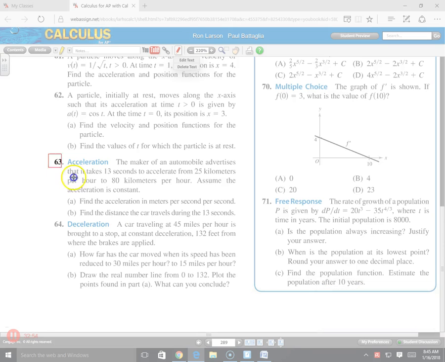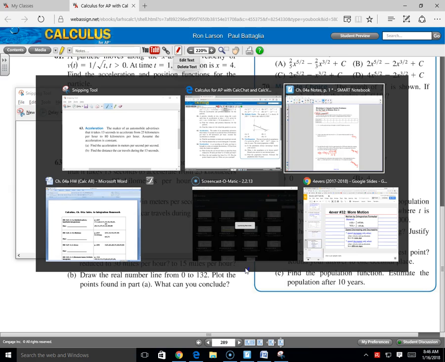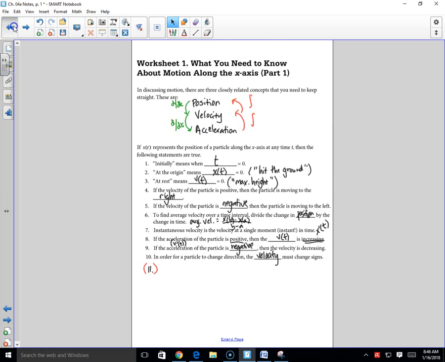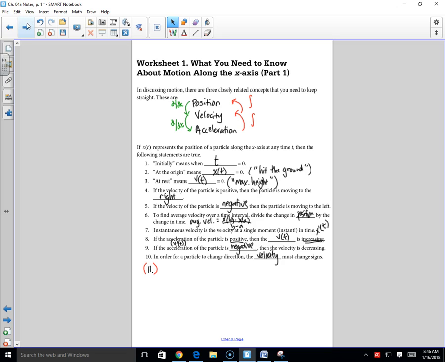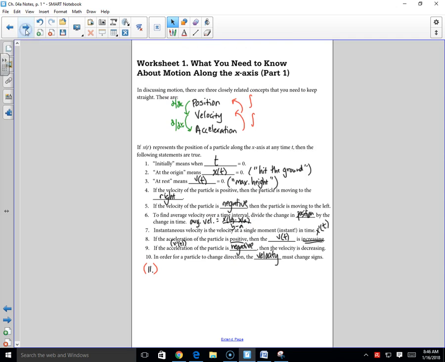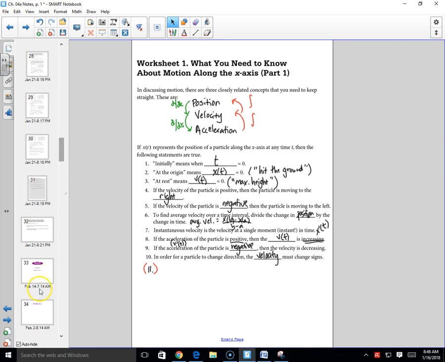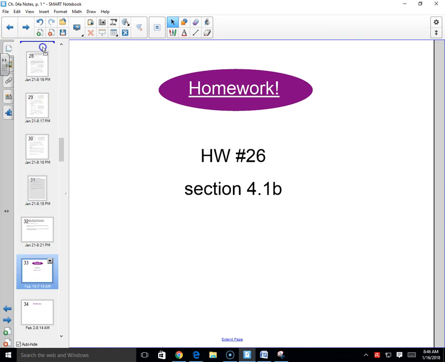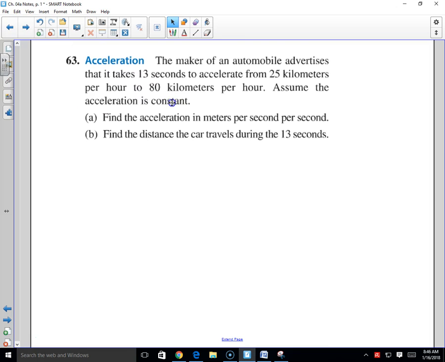Is acceleration changing? Since acceleration isn't changing, since it's staying constant, the average will equal the instantaneous.